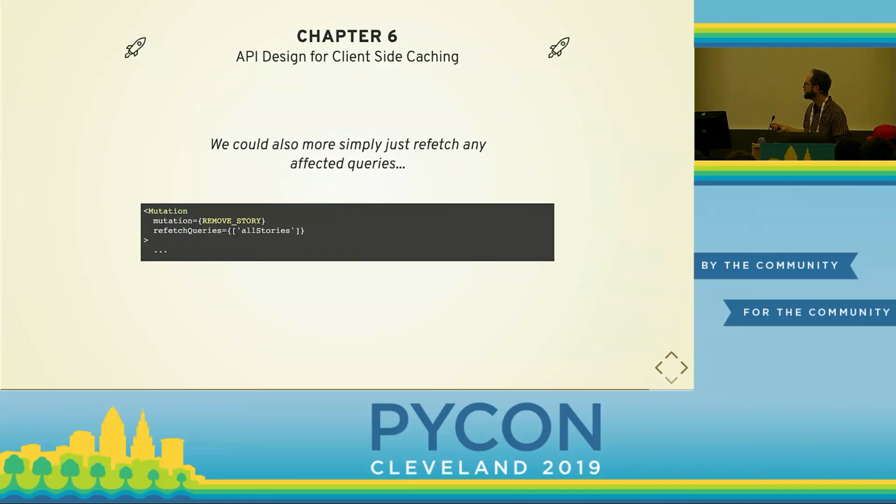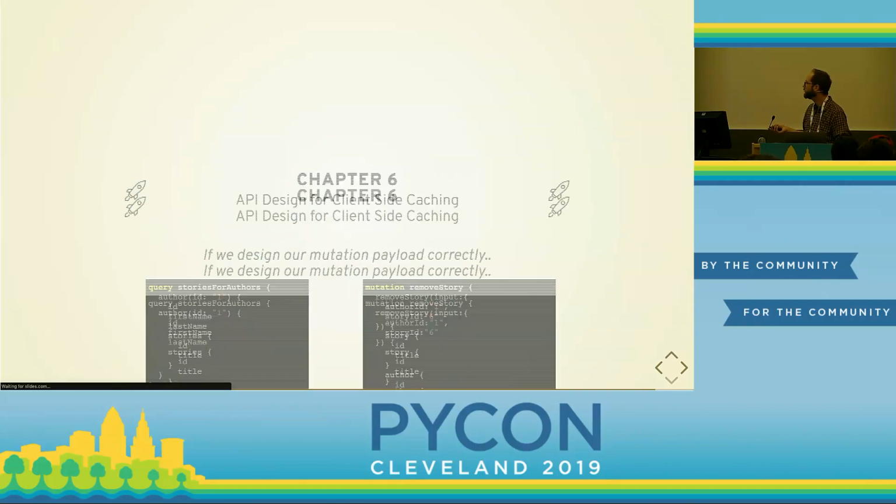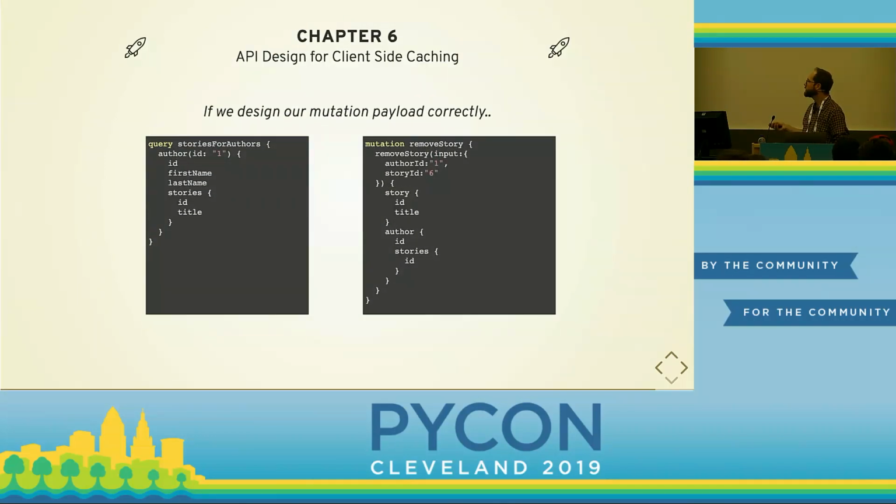We could also refetch any simple affected queries, so that's pretty simple. We just provide the name of the operation we want to refetch. But as the page grows, it can be hard to maintain a full list of queries that are impacted, and it can be expensive to refetch as well. If we design our mutation payload correctly, though, we can just refetch the membership of that list.